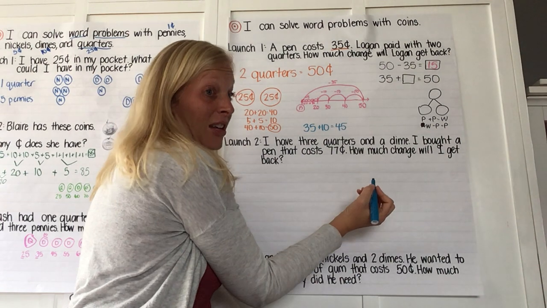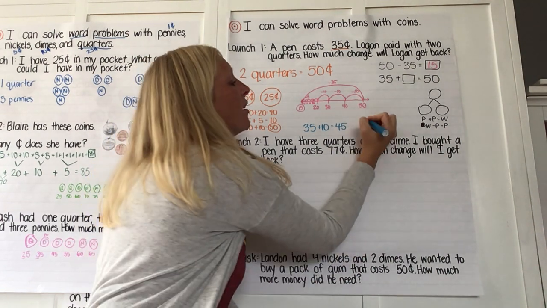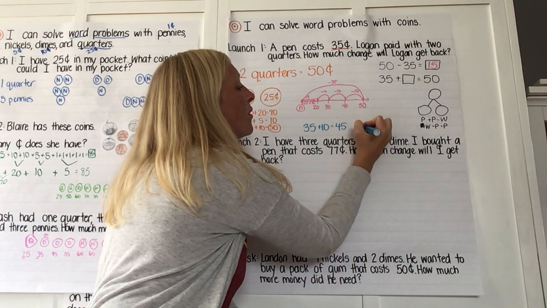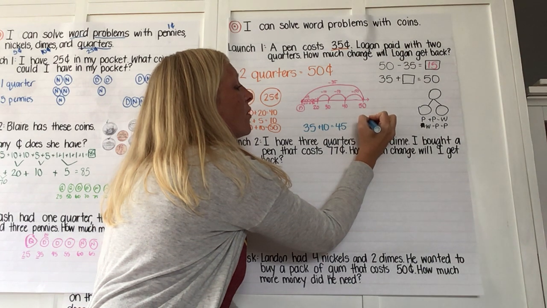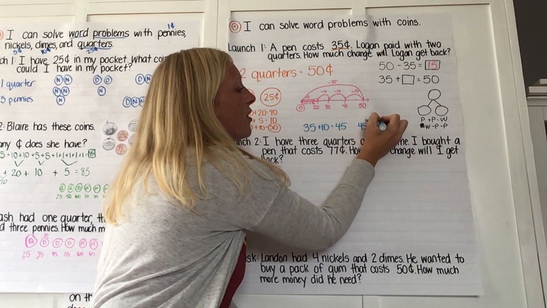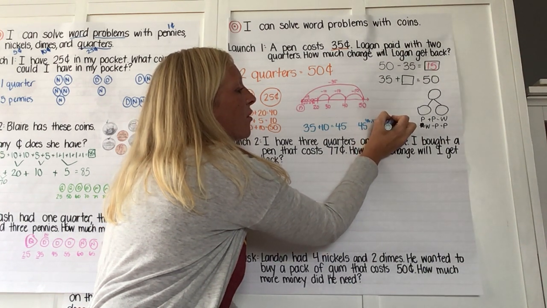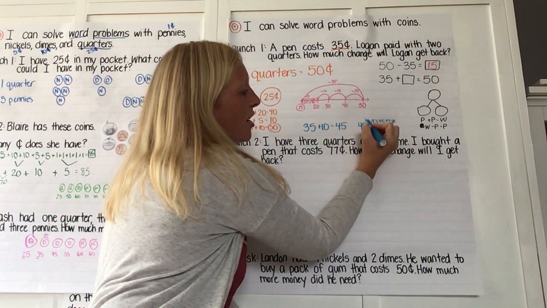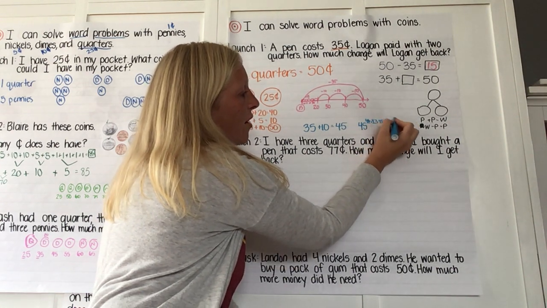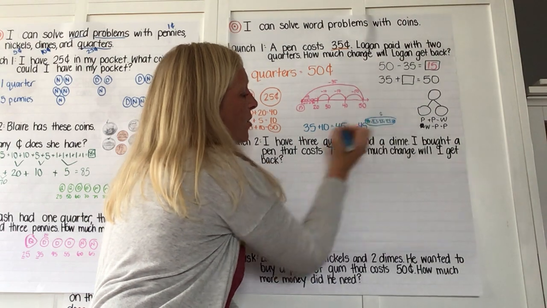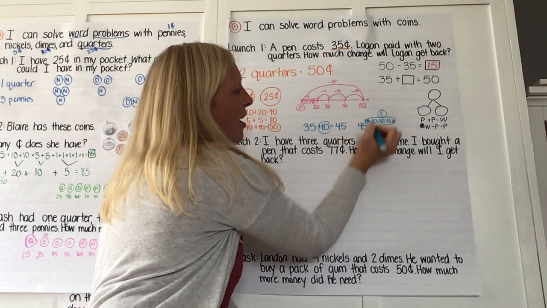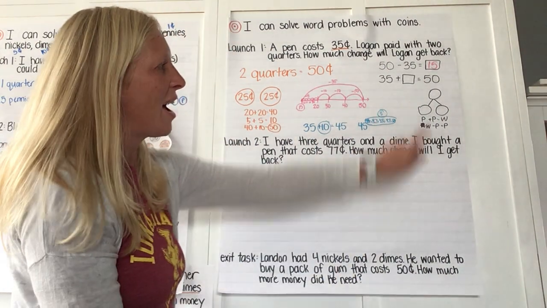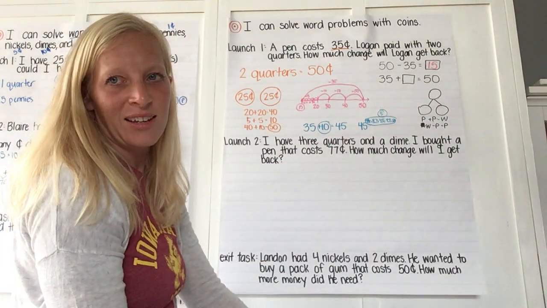You had to get to 50. 45 and 46, 47, 48, 49, and 50. And you made 1, 2, 3, 4, 5 there. So you added 10 and 5. And so what did you add to 35 to get 50?